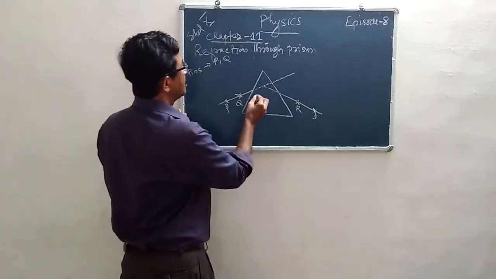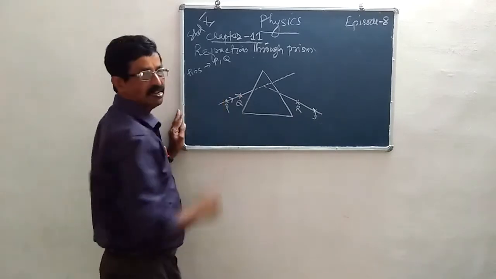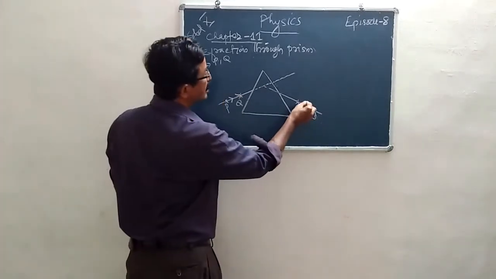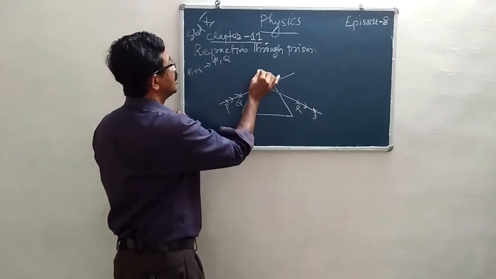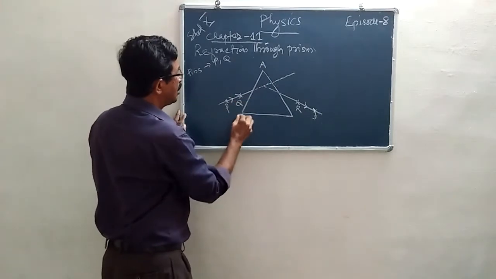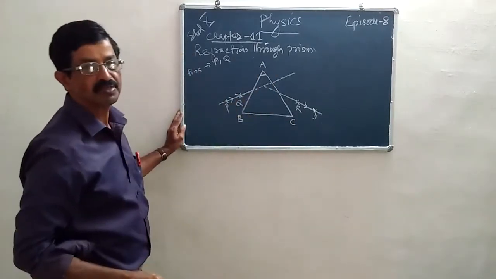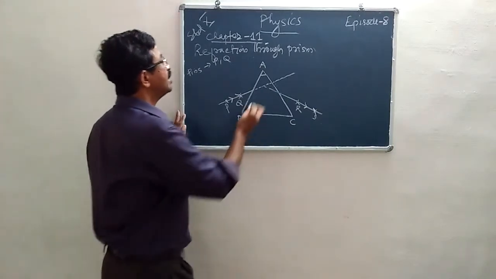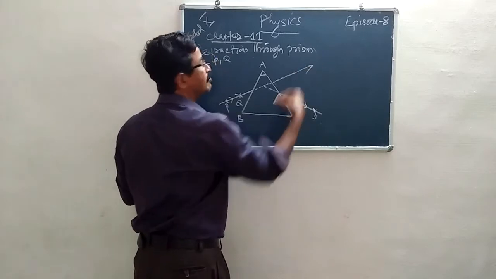Now you get PQ as the incident ray and RS as the emergent ray, and when you mark A, B, C, this A is the angle of the prism, and the incident ray goes in this way.